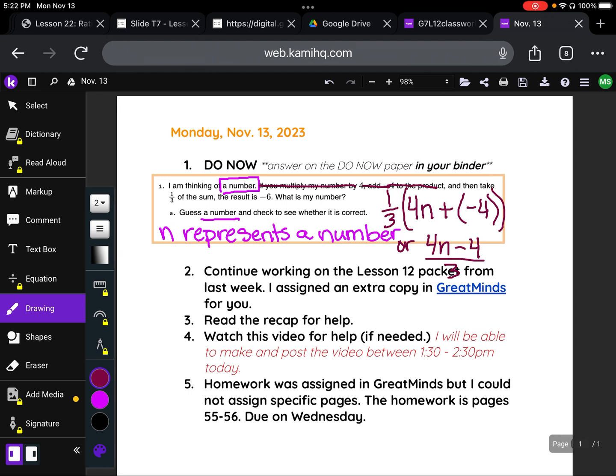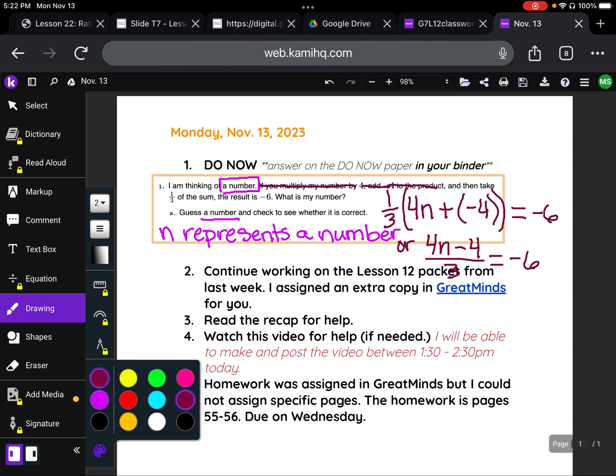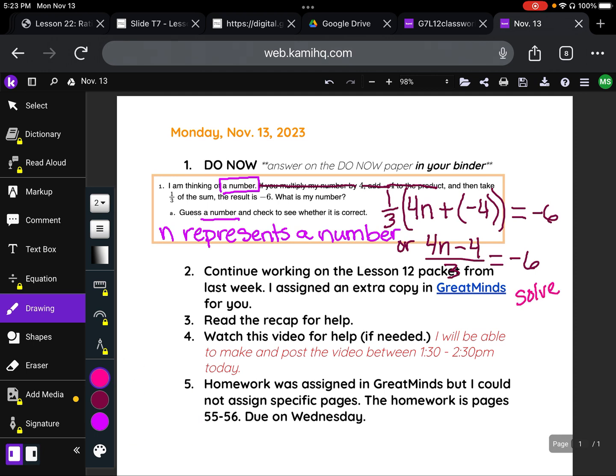I'm not sure if you can really see this because I wrote over the words, but I wrote 4n minus 4 divided by 3. And let's not forget, all of this is supposed to equal -6. Students then practiced solving these equations. They chose one. This bottom equation is actually a bit easier to solve. So that's what we did today in the do now.